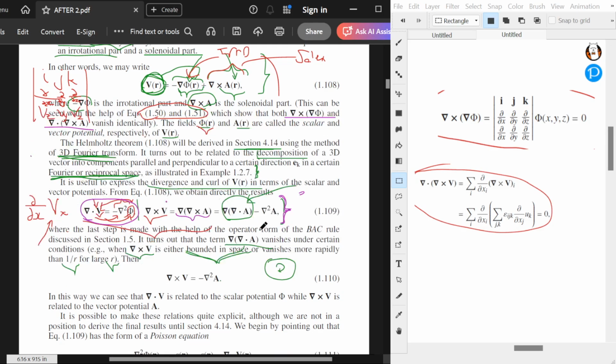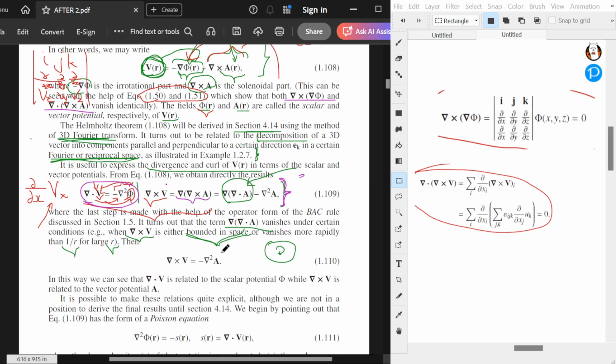We obtain, where the last step is made with the help of the operator form of the BAC rule, that this term vanishes. When did this come from? Oh yeah, this is just from this, but without this because it vanished.